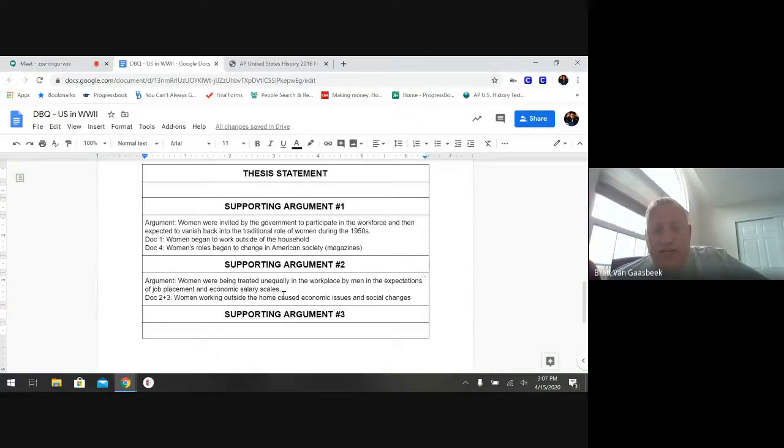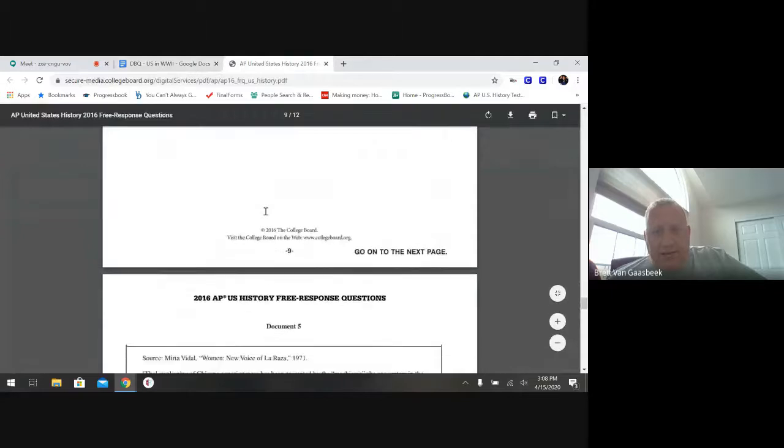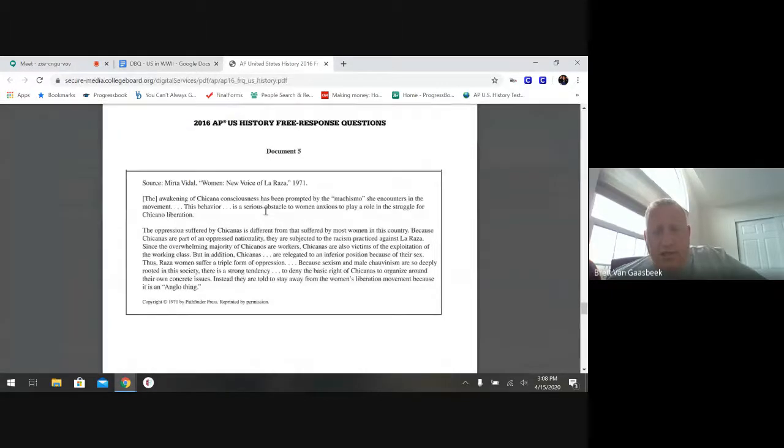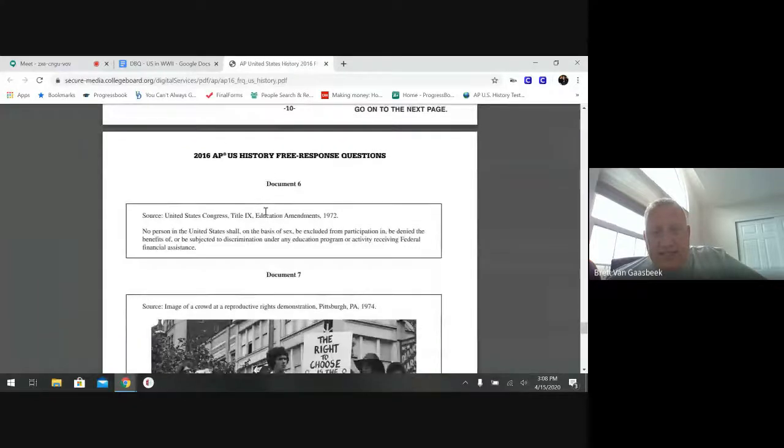Okay, women would be treated unequally in the workplace by men, and the expectations of job placement and economic salary scales. Okay, then I've got document 5 here talking about the issues. Document 6 and 7.